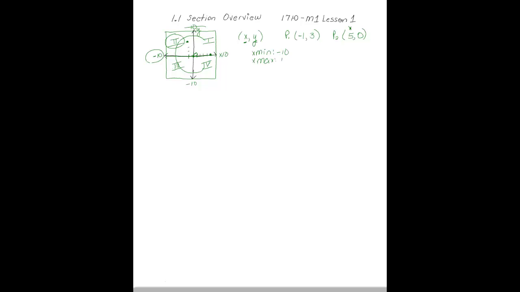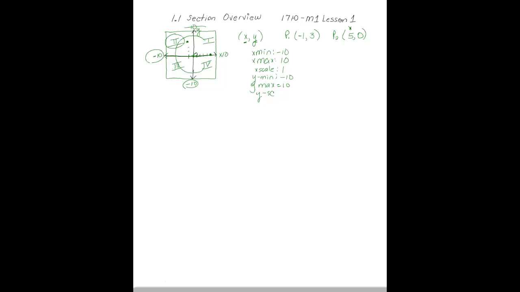The largest x used on that particular screen is 10, and there's something called x-scale. It's how much each little tick mark is equal to, so it would be 1, the number of units per tick mark. And then the y-min for this particular grid would be negative 10, y-max 10, and the y-scale of 1.